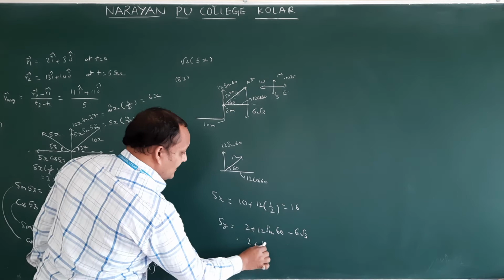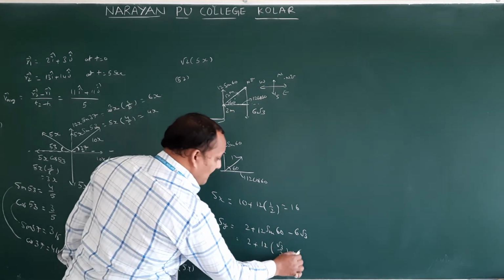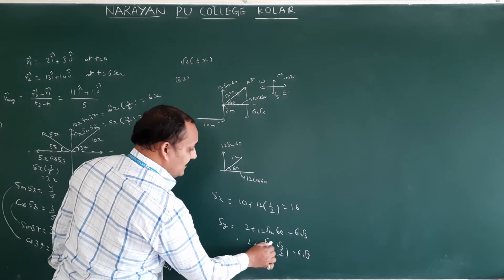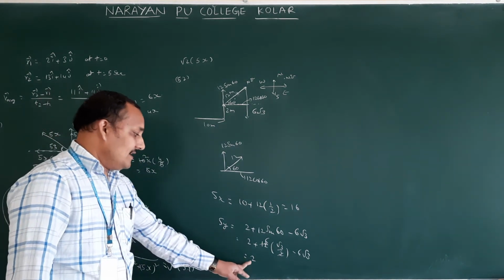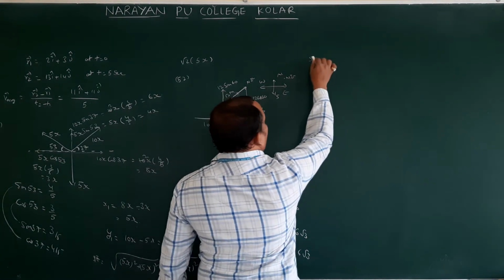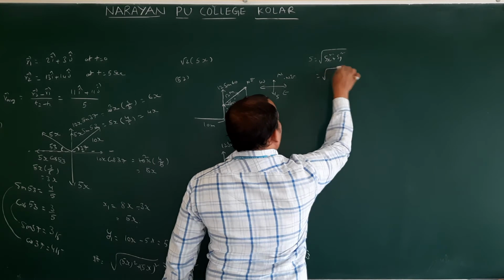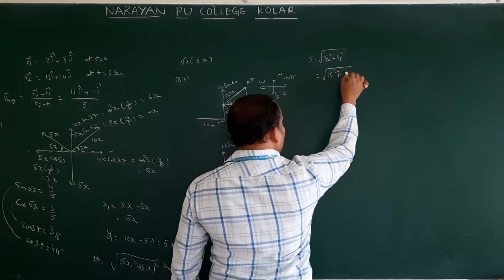So 2 plus 12 times root 3 by 2 minus 6 root 3. This 6 root 3 minus 6 root 3 is going to be cancelled. Final answer is 2. Sy is 2, Sx is 16. Therefore resultant displacement S is equal to root of Sx square plus Sy square, 16 square plus 2 square.